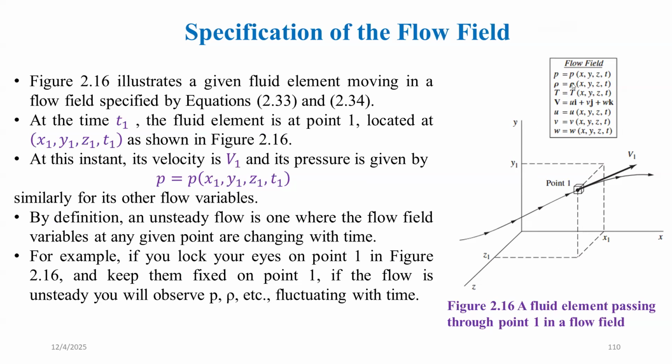So p is p of x, y, z, the Cartesian coordinates, plus the time. Time is also another important coordinate in our case. Density and temperature are all functions of x, y, z, and t. Again, the velocity components along x, y, and z are there.